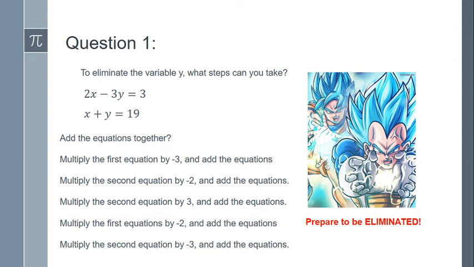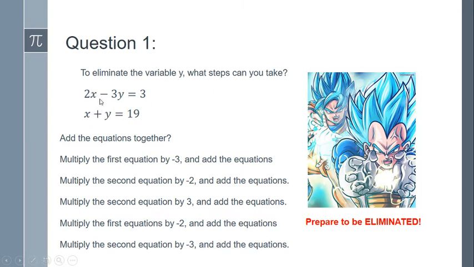All right, so question 1 here asks, to eliminate the variable y, what steps can you take? So remember, what we're trying to do when we're solving using elimination is to get one of the coefficients in each of the equations to be equal but opposite.